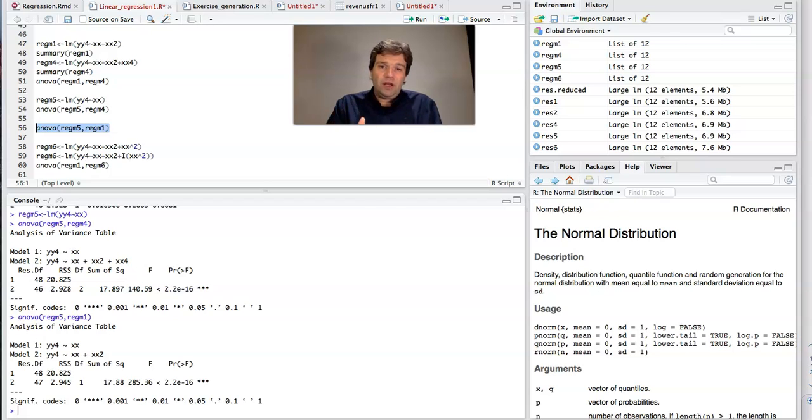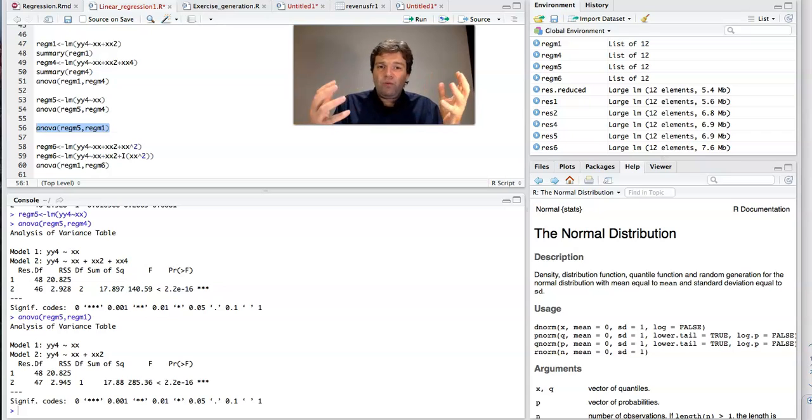If the null hypothesis is rejected, that means that we find statistically significant reasons to add this subset of covariates, these P1 covariates, to the model.